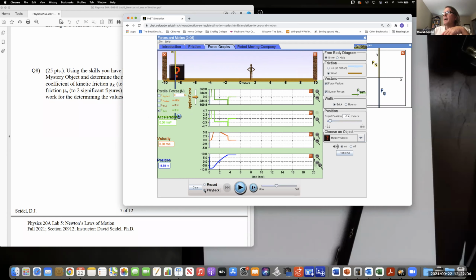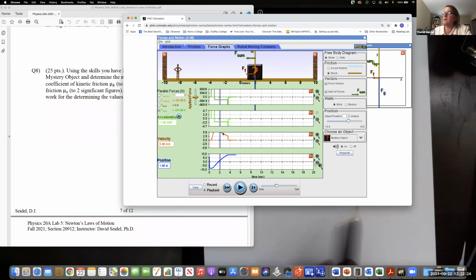And we go to playback. Right here, we have kinetic friction acting because the object's moving. We have velocity. Okay, so the object's moving, it's kinetic friction. We have a value for acceleration.